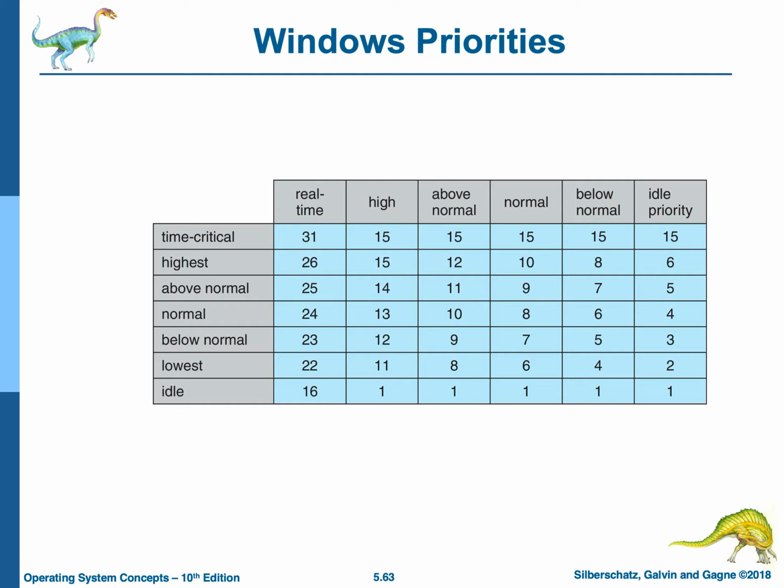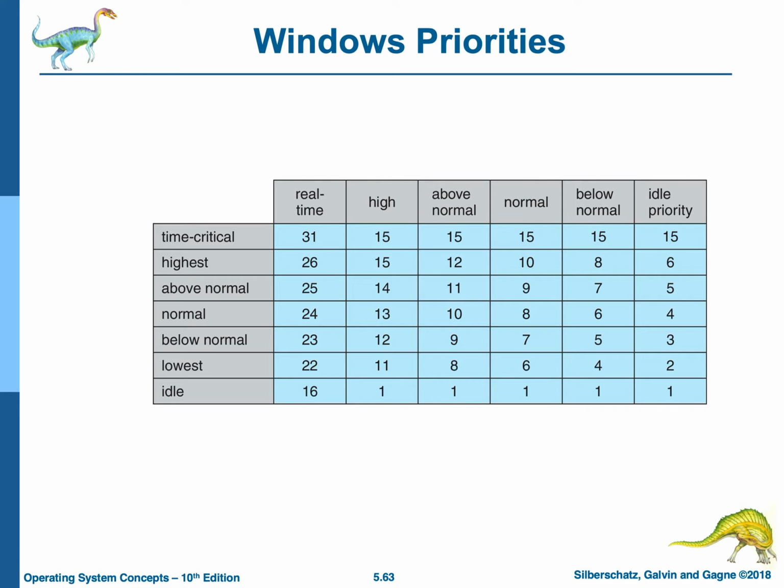It is not real time, but it is still higher. So the order is different. 1 is idle, and 31 is the time critical system. So this is the lowest priority and this is the highest priority. In theory, 1 is the highest and 31 is the lowest, but in implementation, 1 is the lowest and 31 is the highest.